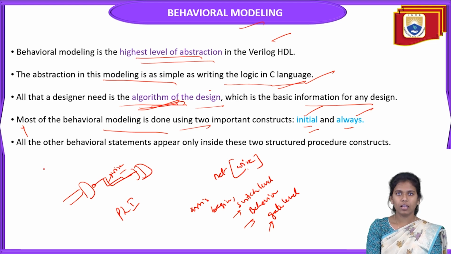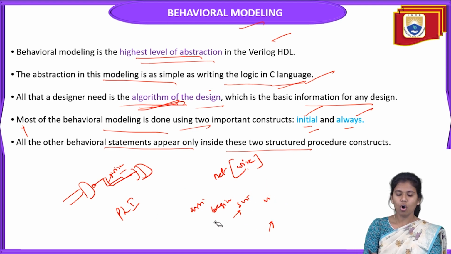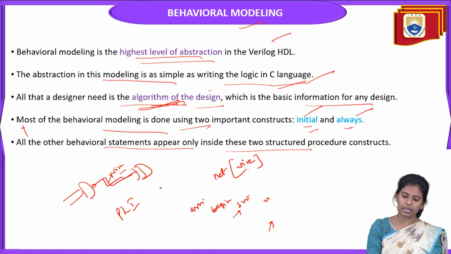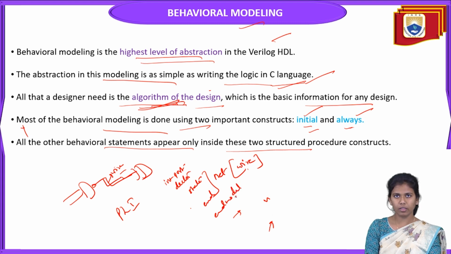And coming to the last point, all the other behavioral statements appear only inside of these two procedural constructs. Usually in the syntax, we start with the declaration of the input and output ports, then come to the statements, and finally we end the module.